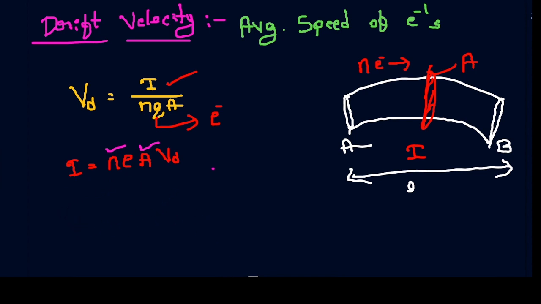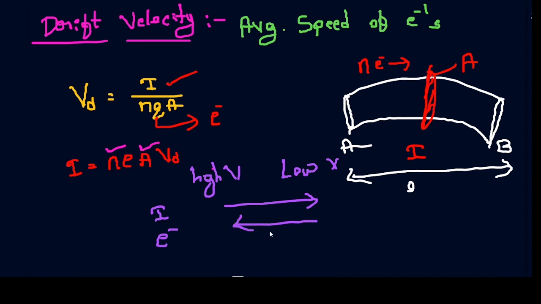Okay, direction of flow. Current always goes from high potential to low potential, right? Now, what is the current direction? Current direction is high to low. Okay. Then what about electrons' direction? Electrons' direction is opposite to current's direction. So that is low to high. Got it? And positive charges' direction is same as current.